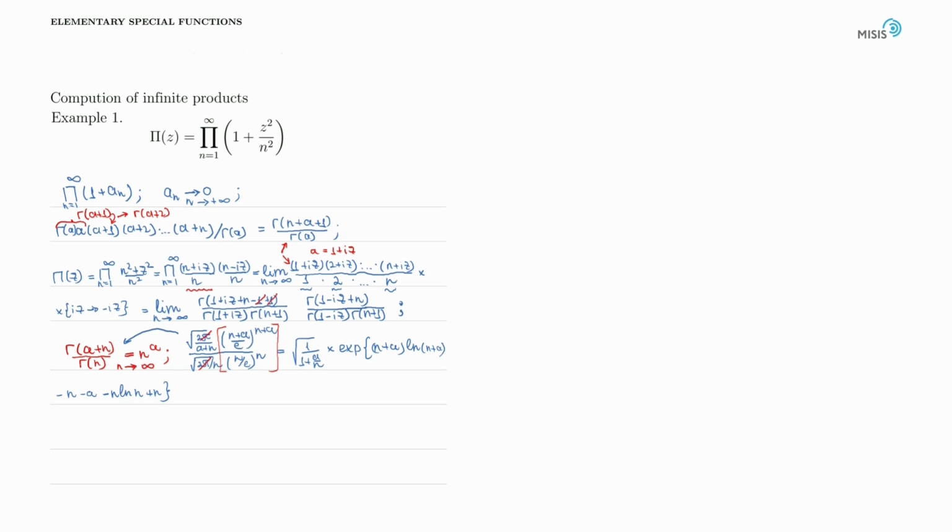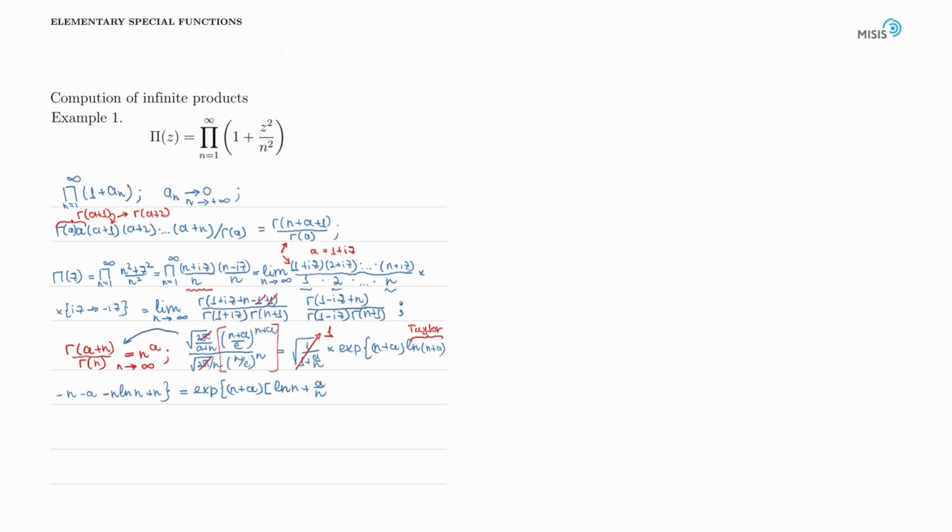Now let's look at the root term. When n tends to plus infinity, the root term obviously gives you 1. Now let's work a little bit with the exponential. What we do is standard: we make a Taylor expansion of the logarithm here. And finally what we get is n plus a times the expansion of log, which gives you the logarithm of n plus a over n.